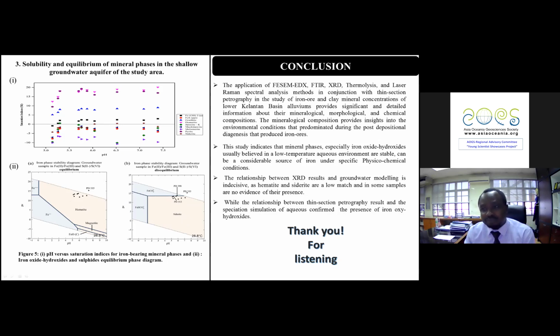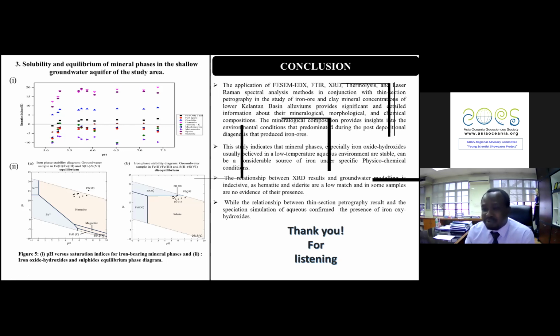So in conclusion, the integrated method used in this research to study iron ore and clay minerals concentration of Lower Kelantan Basin alluvium provides significant and detailed information about their mineralogical, morphological, and chemical composition.